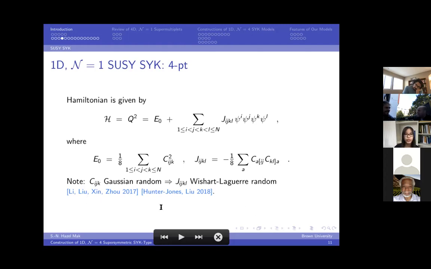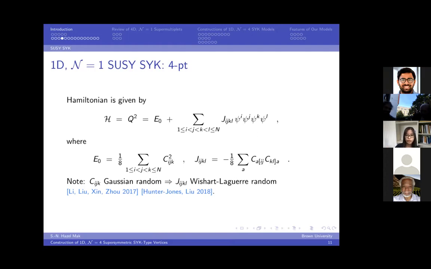And these people, for example Leo at Caltech, and also Hunter Jones, and some others from Perimeter Institute, mentioned that from random matrix theory, if you have a Gaussian random matrix, which means that all the entries are Gaussian, and then you construct a Wishart matrix, which is a Gaussian matrix multiplied by the Hermitian of the Gaussian matrix, this Wishart matrix will follow the Wishart-Laguerre random distribution.